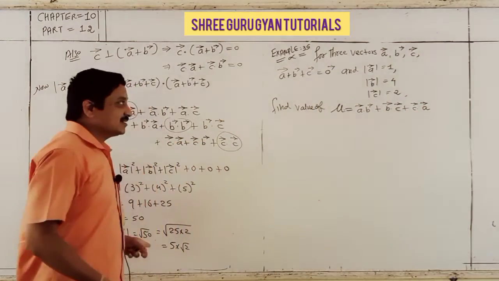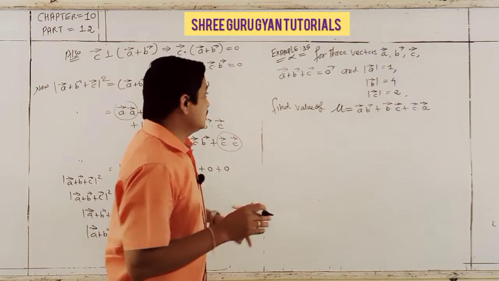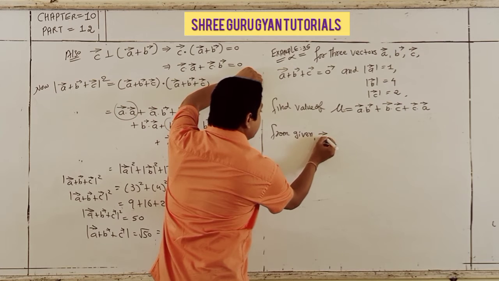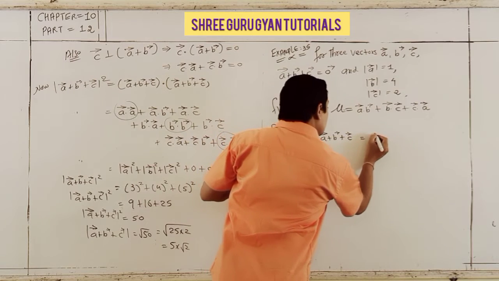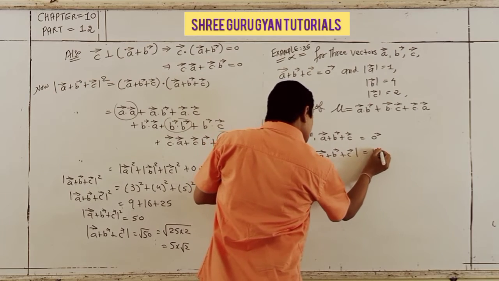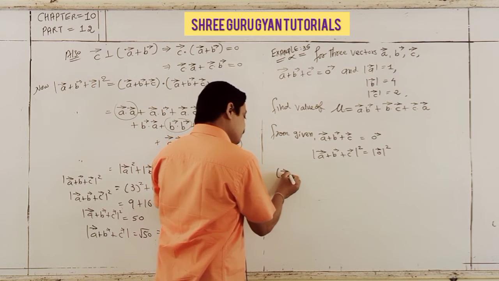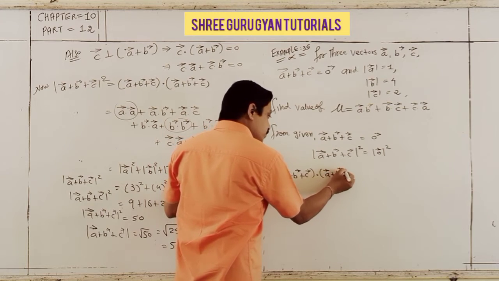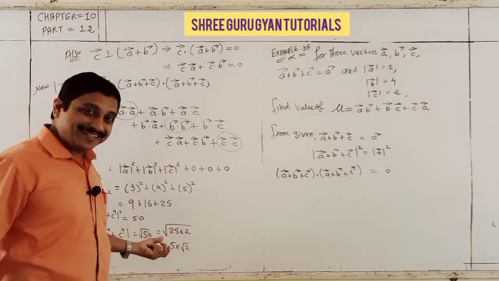Indirectly I will show this process here, and in a simple way we will cover our answer. From the given, we start with A plus B plus C equal to 0. We take the modulus on both sides and also square both sides, as a dot product with itself, and the right side is 0.